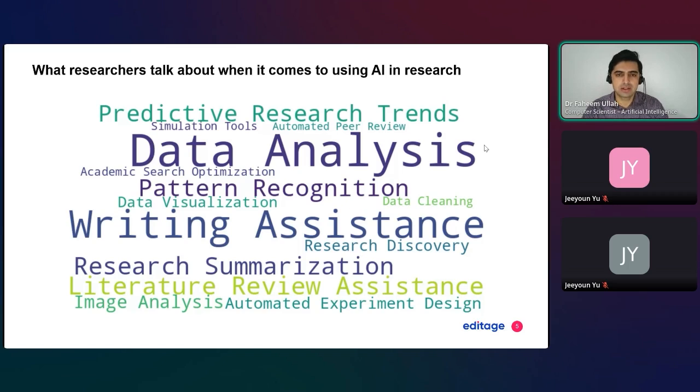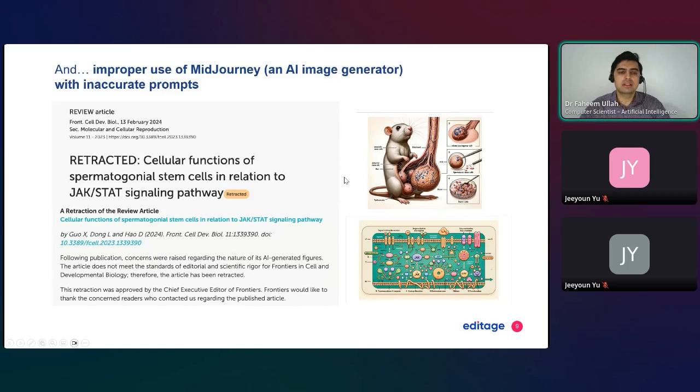It is used for literature review assistance and so many other things for which we use AI tools. So this is going to be the focus in this presentation. We are going to talk about how we can use these AI tools to help us in different tasks associated with research.